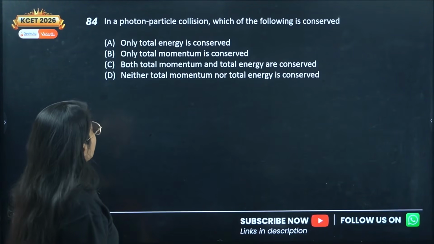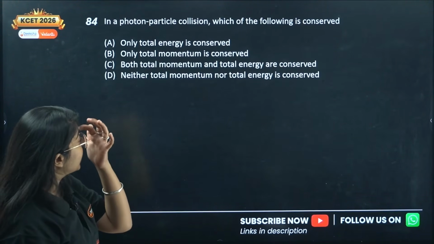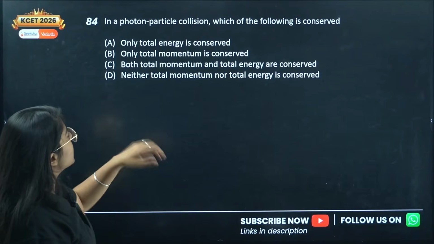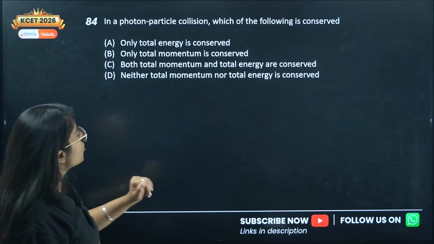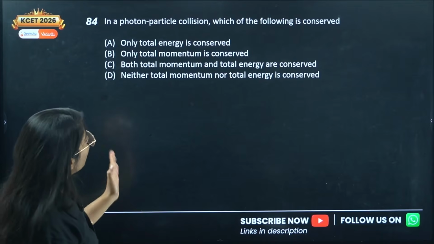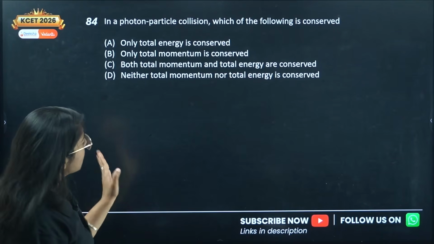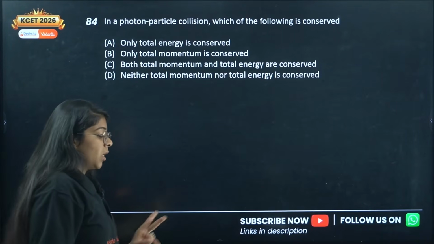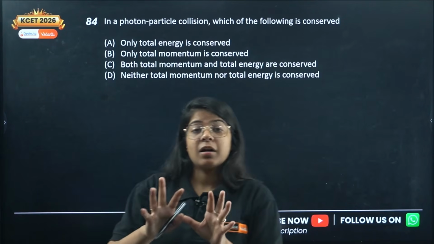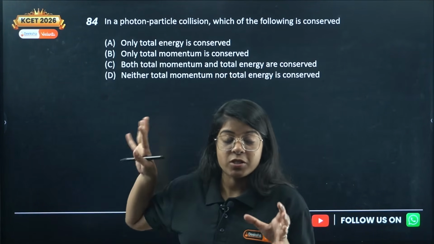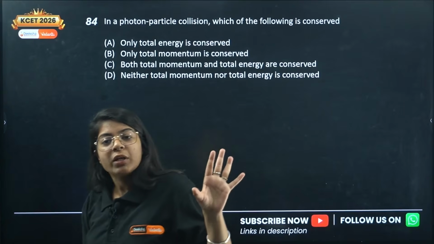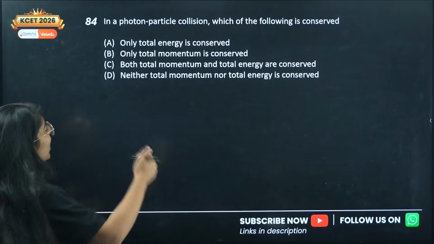Okay, 84th. In a photon particle collision, which of the following is conserved? Only total energy, only momentum, both momentum and total energy, neither total energy nor momentum. Now among these options, two are definitely wrong. Only momentum or neither. Why?